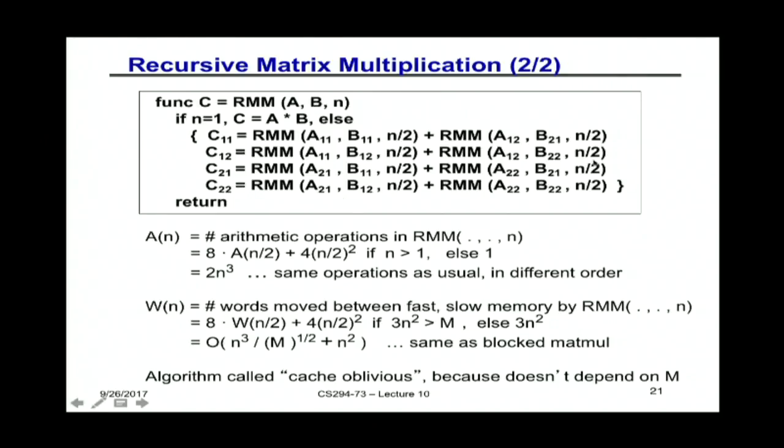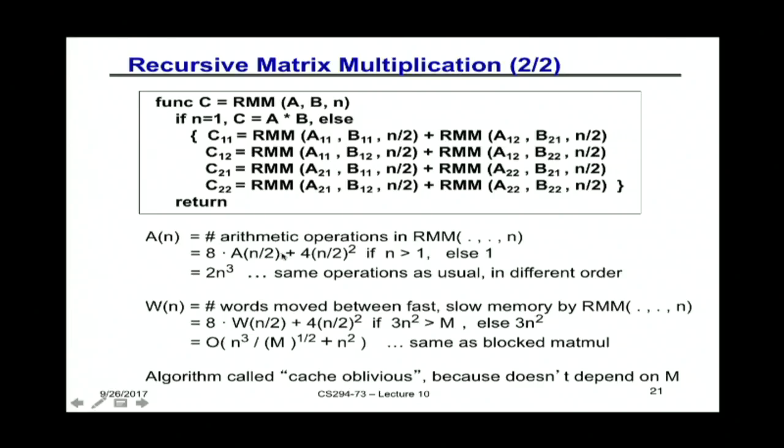So then we can count the operations in this recursive scheme. Because it's a recursive relation, you can write down A, the operation count, using the dimension n, which is 8 times A of half of the size. The same operation, but half of the size, 8 of them.